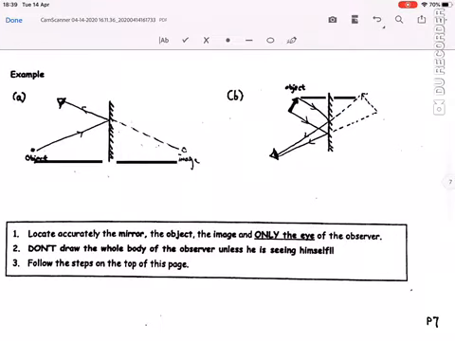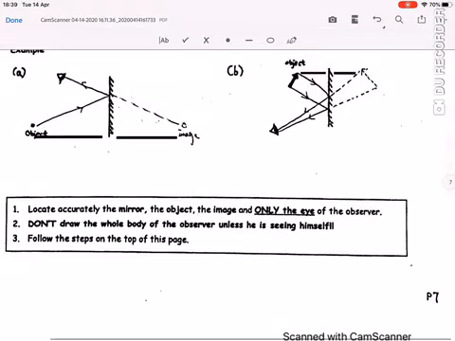We draw the same distance in, and then from the arrow, we do it in the dotted line as well. So from there, we draw the virtual image first, and then use the dotted line going backward to form the solid line.